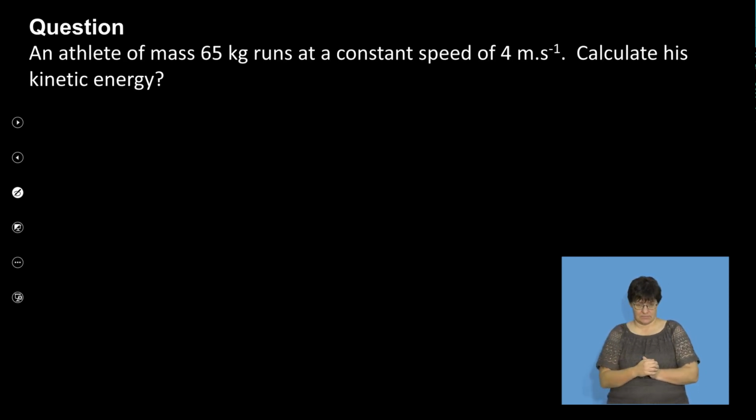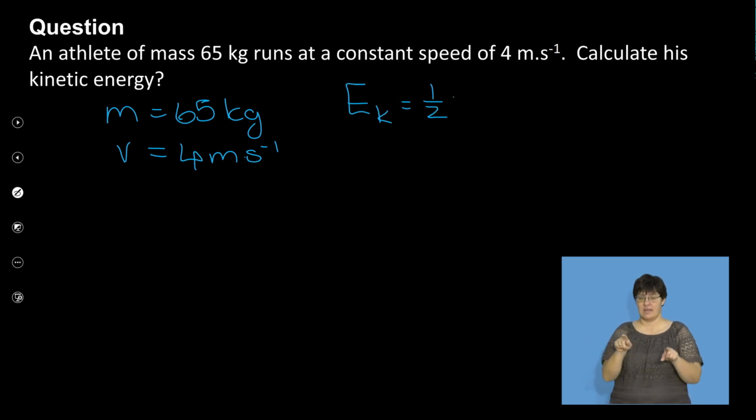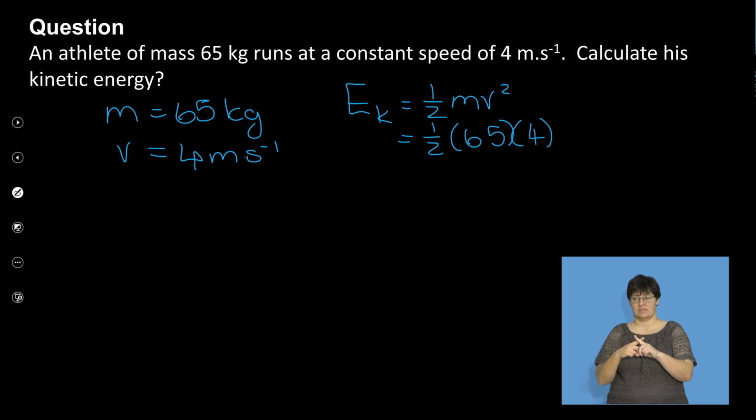So let's start with the first one. Mass, 65 kilograms. Speed, 4 meters per second. Kinetic energy is a half mv squared. So it's a half times 65 times 4 squared.